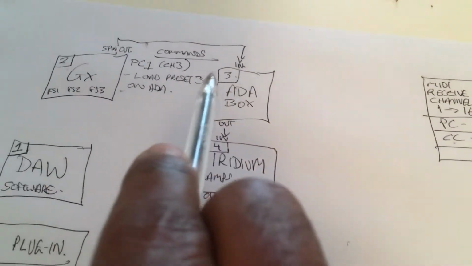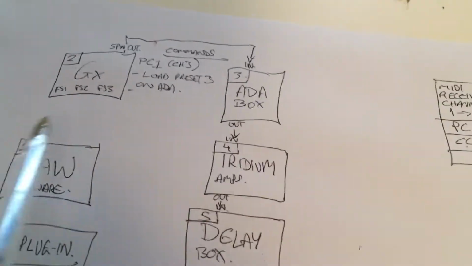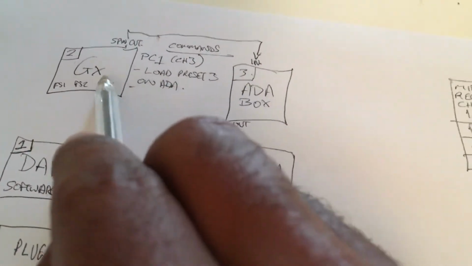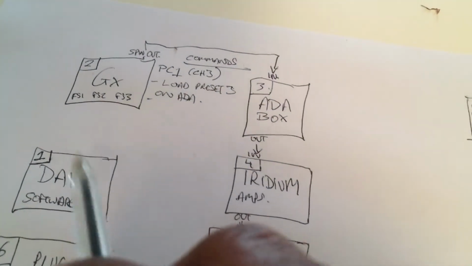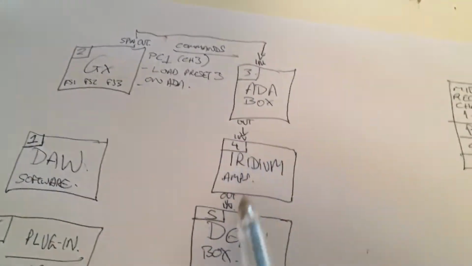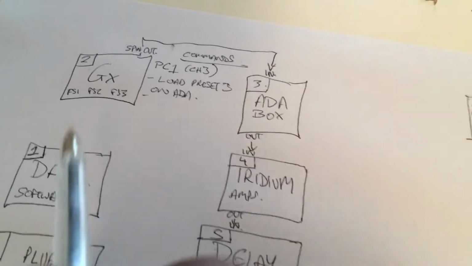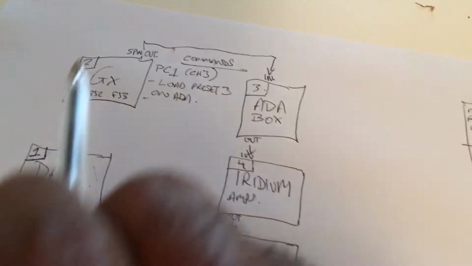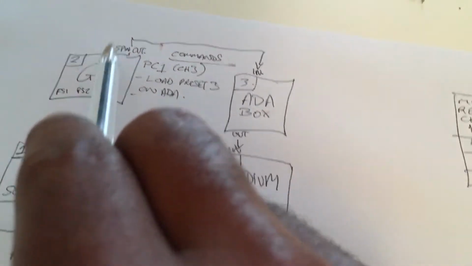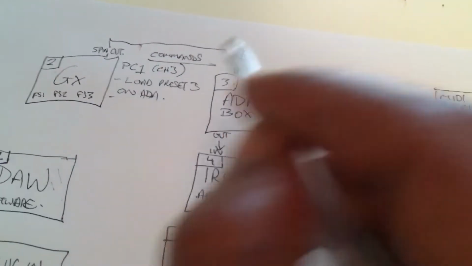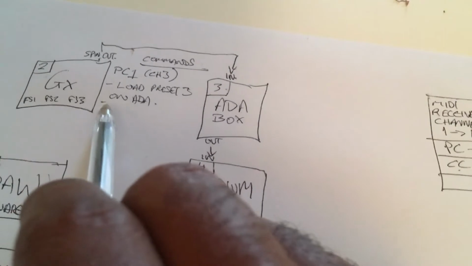The MIDI receive channel numbers should never, ever, ever be the same, except for rare cases. Say for the GX, you wanted to control a DAW, and the DAW is going to then control these things. Or you're working from your computer, the DAW should send from channel 1 to channel 2 to the GX and say load up, you know, my preset for, I don't know, Guns N' Roses.